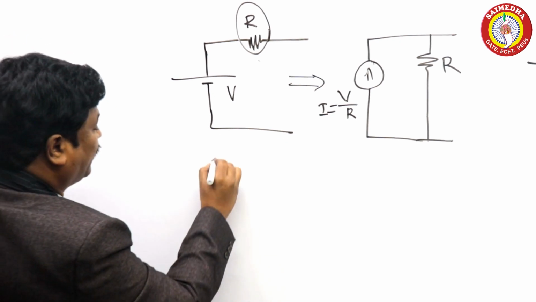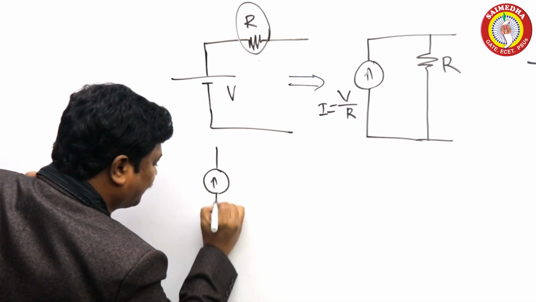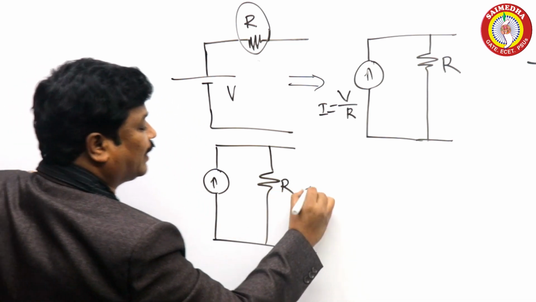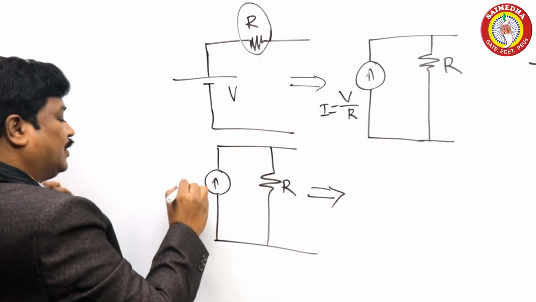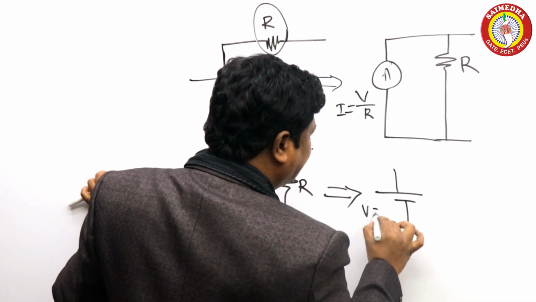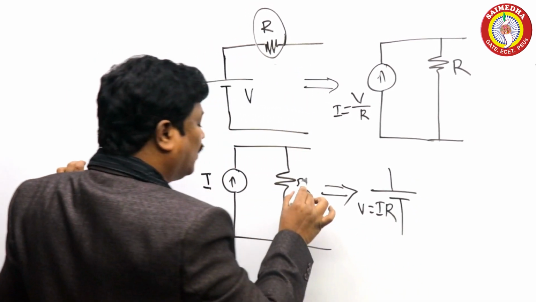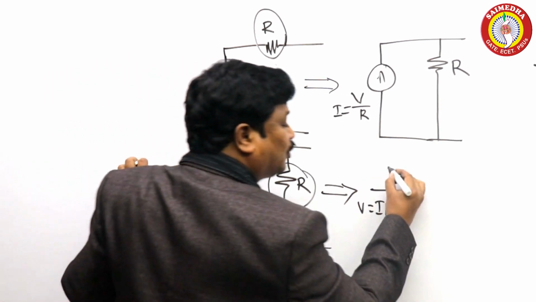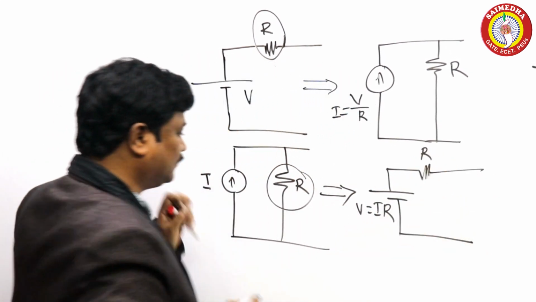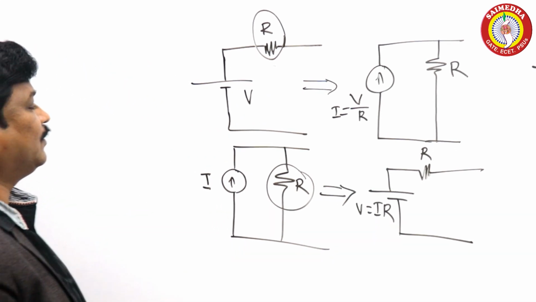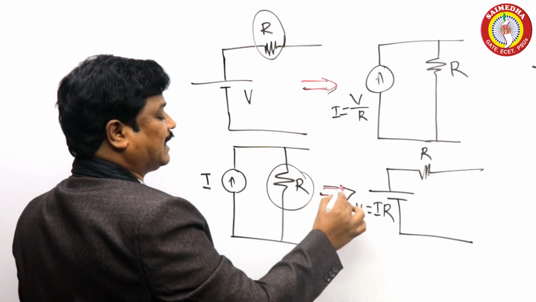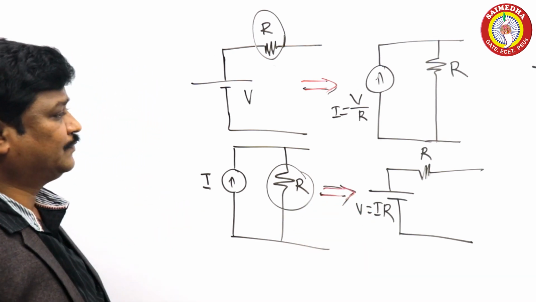Similarly, when you have a current source having internal resistance of R, how can you convert this into a voltage source? This is current I. The voltage source is V equals I into R. Whatever the resistance is there should be connected in series. This is R. This is the conversion from voltage source into current source. This is the conversion from current source into voltage source.